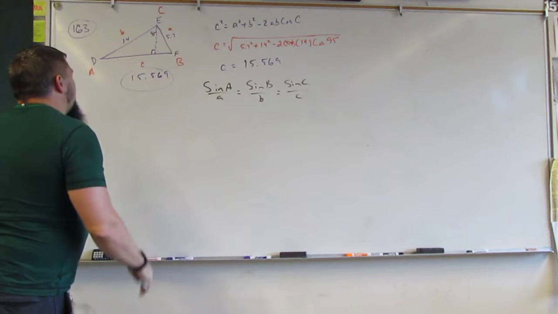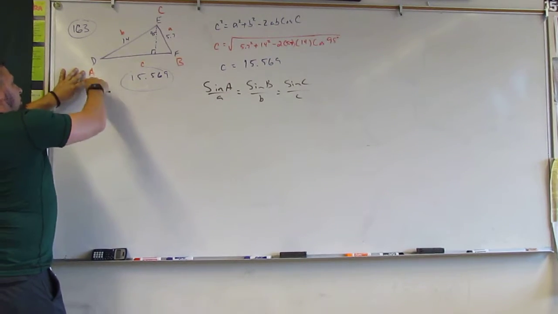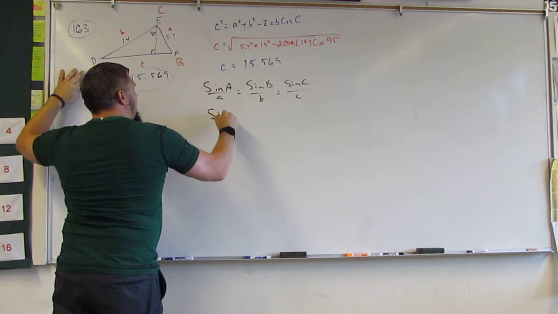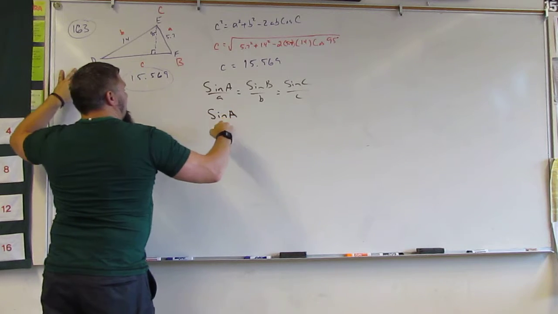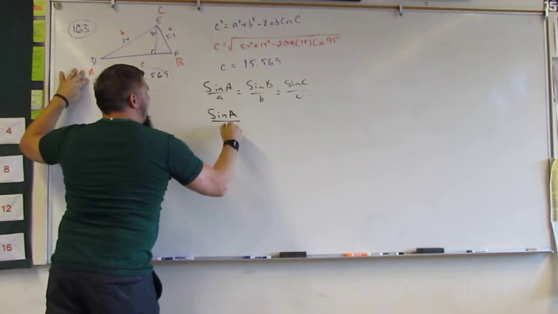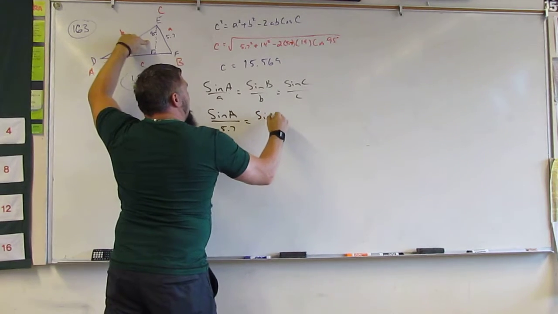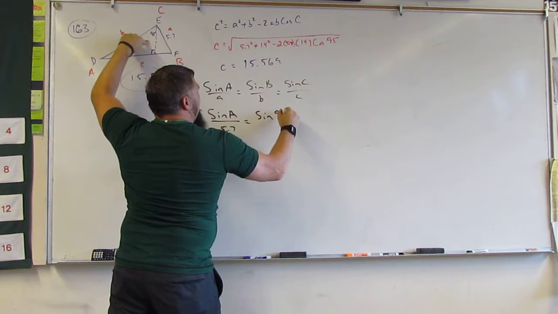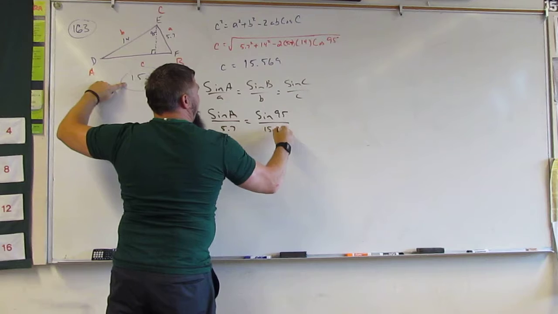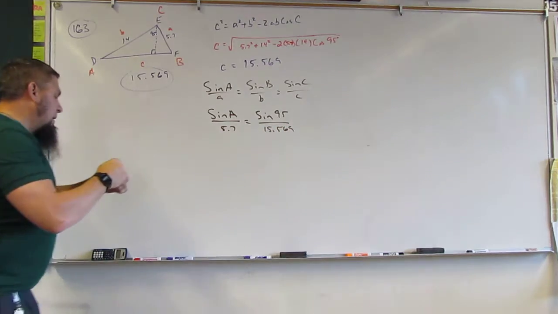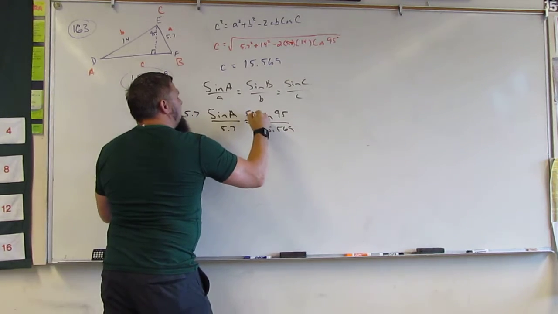So I'm going to look for this angle A. Sine A over little a, which is 5.7, is going to equal, since I have C, the sine of 95 degrees over this new thing I just found, 15.569.